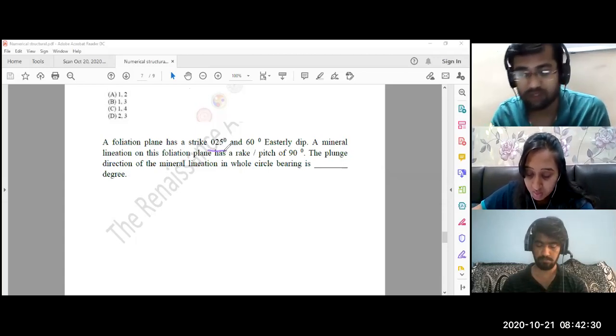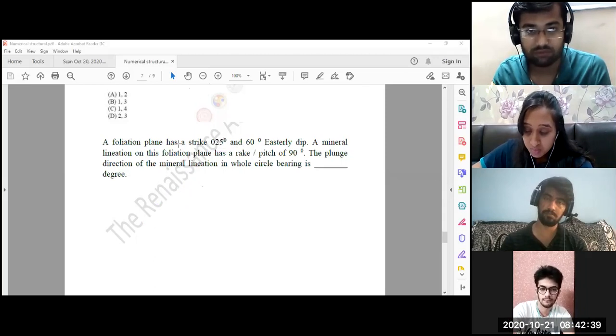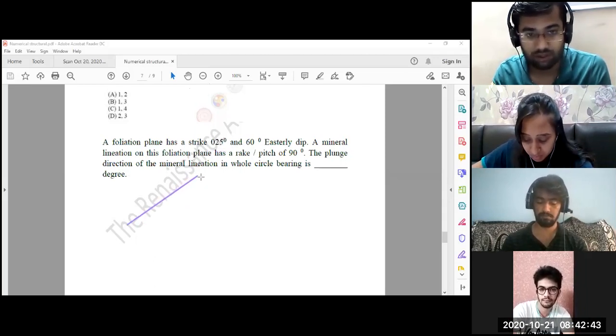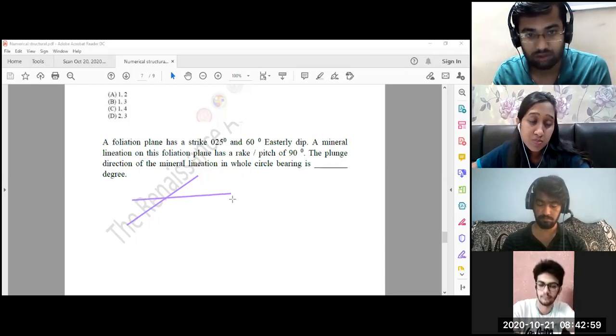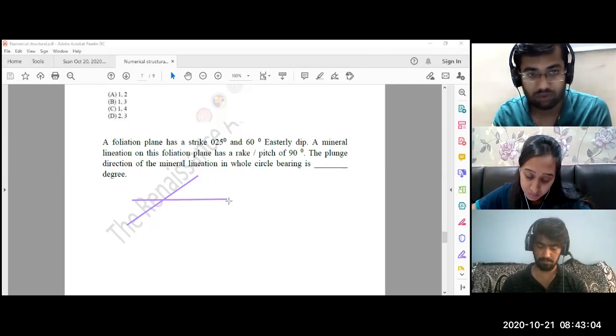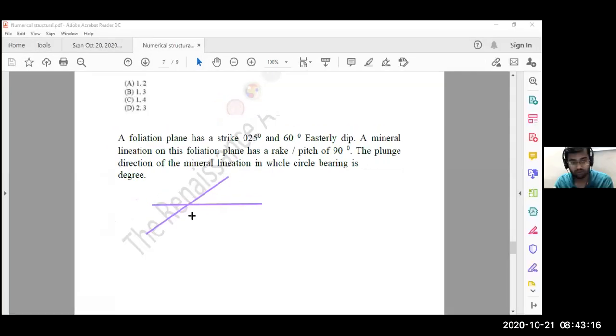So strike is 25 degree. Let's say initially you have a strike of 25 degree, and a mineral lineation on this foliation has a rake pitch of 90 degree.